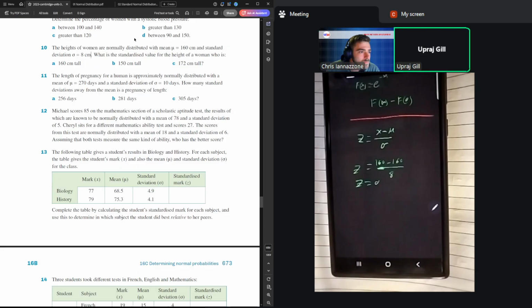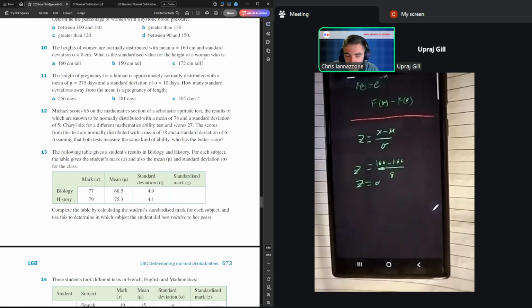Negative 1.25. Yeah. And then 172, you'd be like, okay, cool. So add 8 again. So it's a little bit under 2 standard deviations, somewhere between that. You can do this sort of stuff in your head without needing a dedicated equation for it, but the equation's obviously nice to have. Yeah, 1.5.